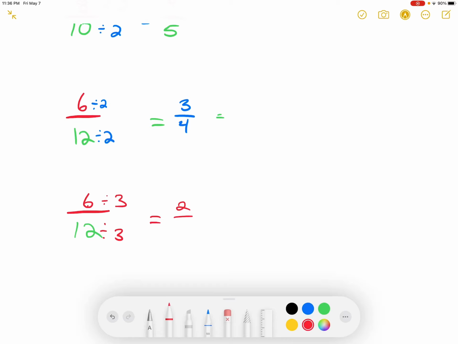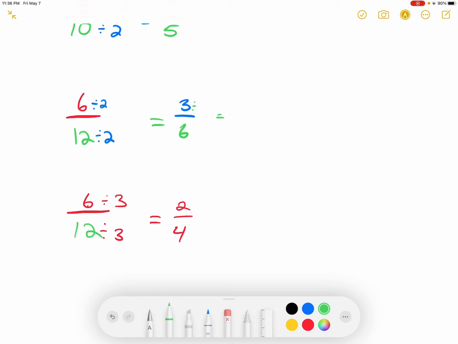Hold on, I did something wrong. I'm sorry, I messed up. Yes, I did. Whoops. I'm looking at this. It's not 3 over 4. 12 divided by 2 is 6. My bad. That is my mistake. I'm looking at this saying, hold on, something's wrong. So, see? Good thing we checked.